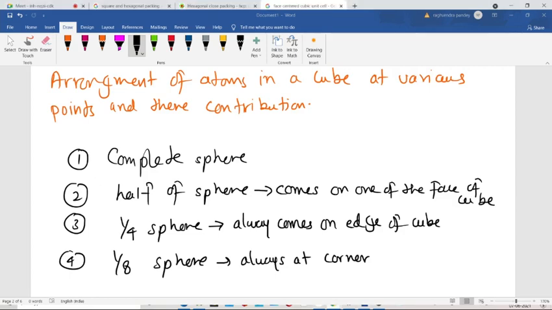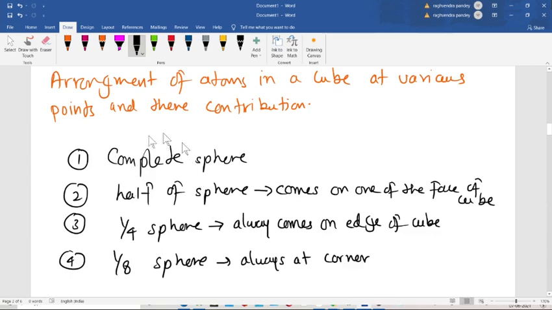So that is your 1/8 at the corner, and that is your hemisphere at the face. So 1 by 4 is on the edge center. So this is the basic arrangement of the spheres inside the cube.